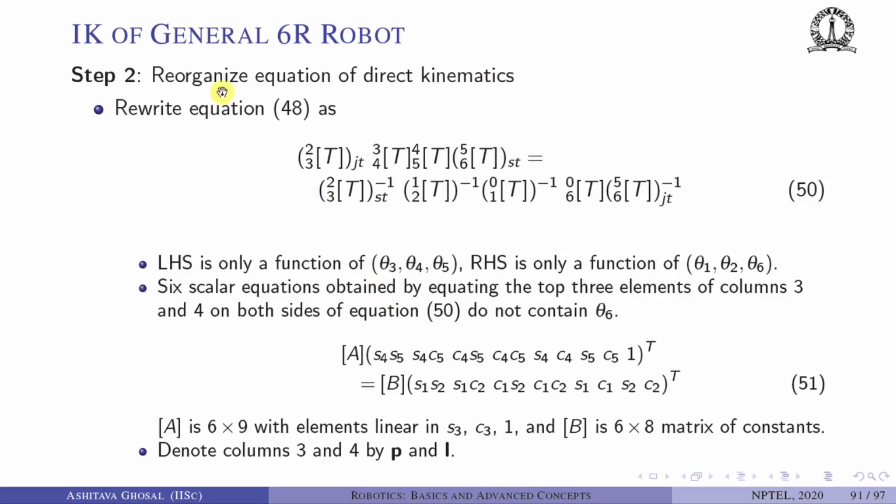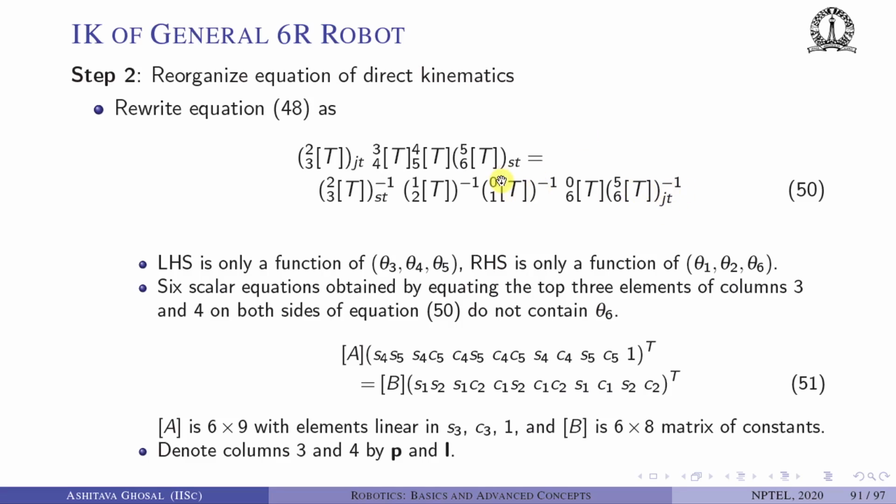Step 2: we reorganize the equation of direct kinematics and rewrite it as 2 3 T joint, then 3 4, 4 5, and then 5 6 T joint. This is equal to 2 3 T structure inverse, then 1 2 inverse, 0 1 inverse, 0 6 T, and 5 6 T structure inverse.